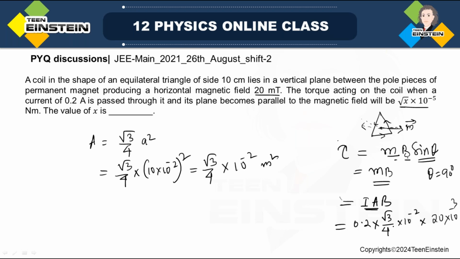Now look, this whole, all three will cancel each other, and so I get root 3 into 10 to the power minus 5. This will be in Newton meter.